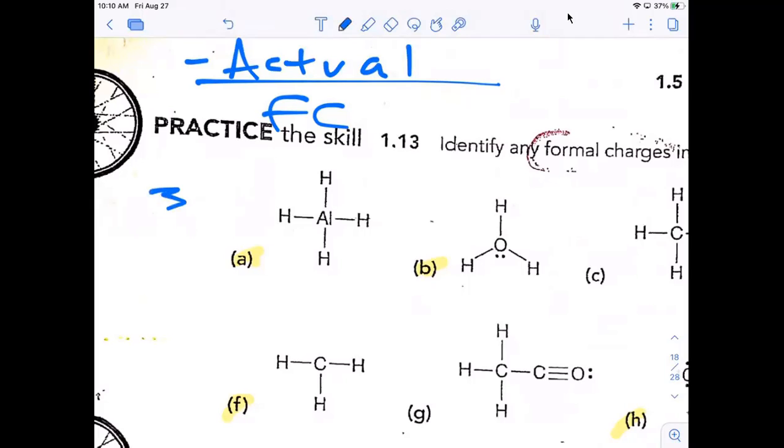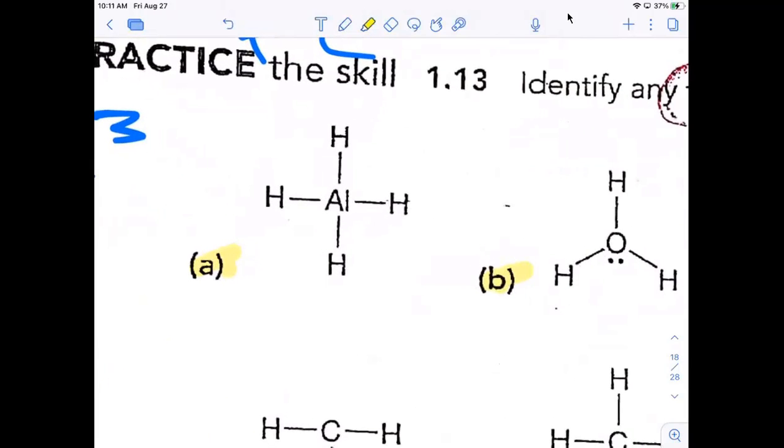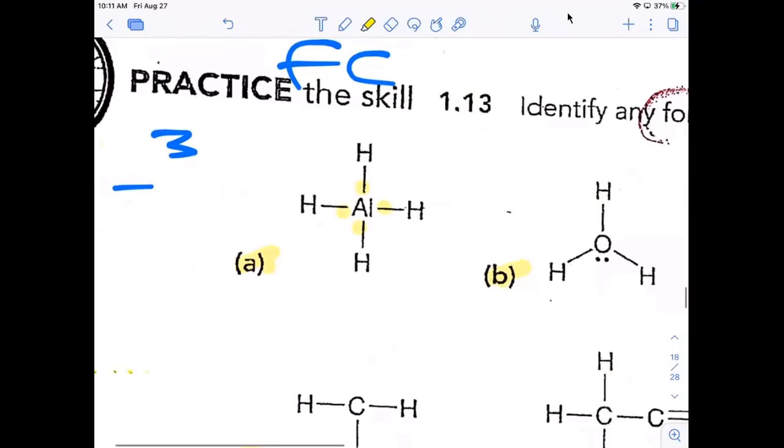It's 3. And then what is the actual for this molecule right here? How many electrons does aluminum have around it here? It's 1 from each bond, right? 4. Yes, so 3 minus 4. Sorry about that. So the formal charge of this molecule is what? -1. So we'll put a negative sign near that atom. Yes, no?